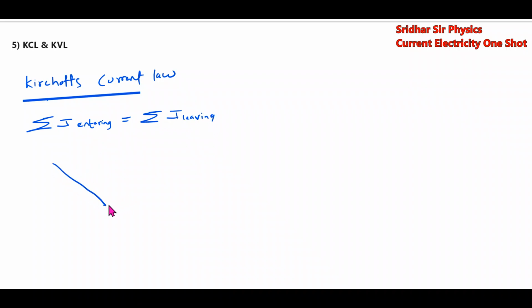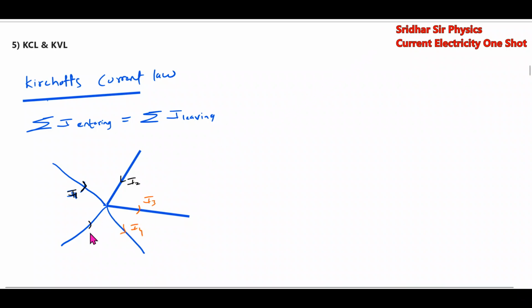Suppose this is the junction we have. The currents which are entering are I1, I2, and the currents leaving are I3, I4, and let I5 also enter. This is based on the conservation of charge principle.